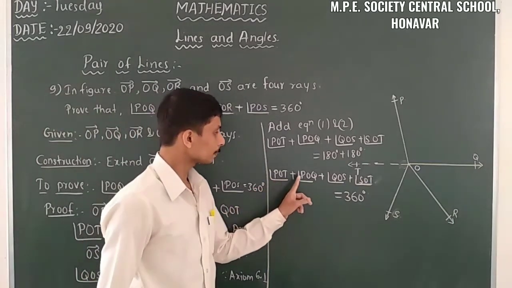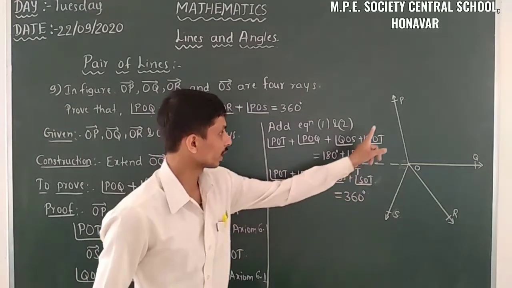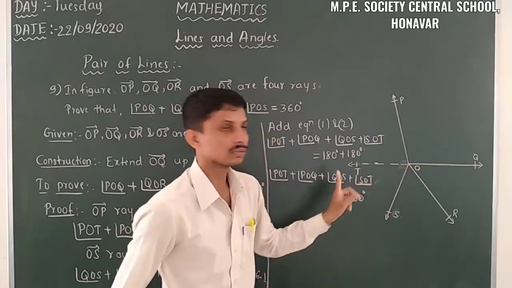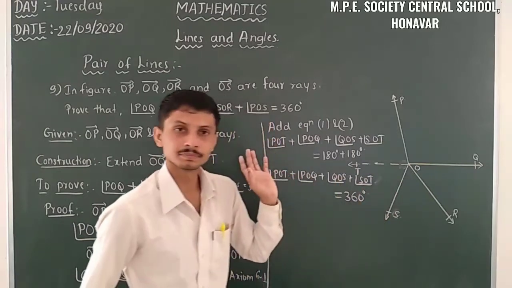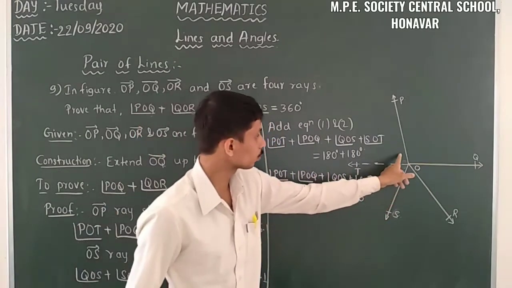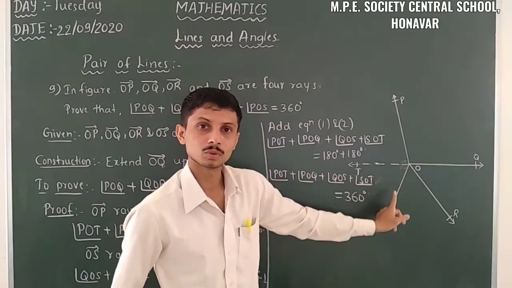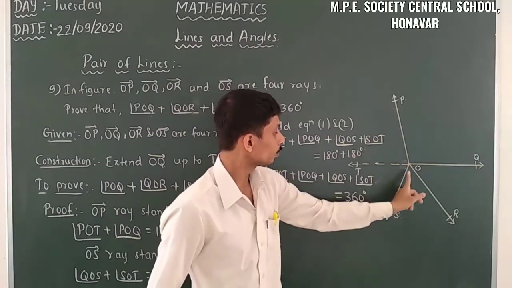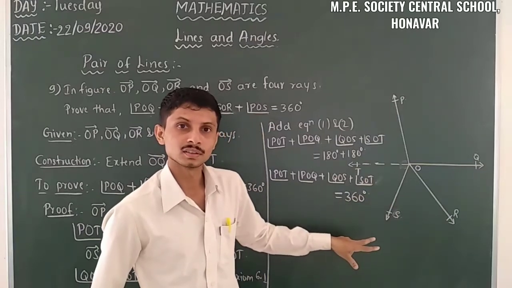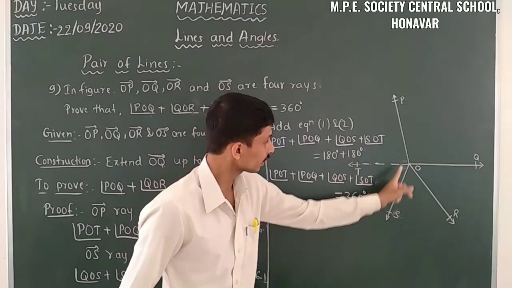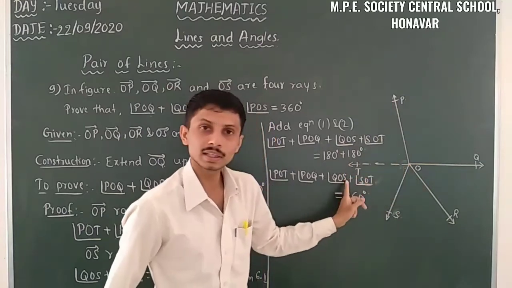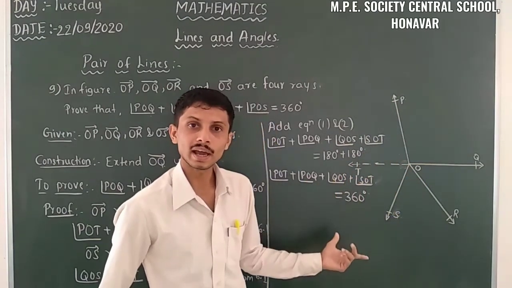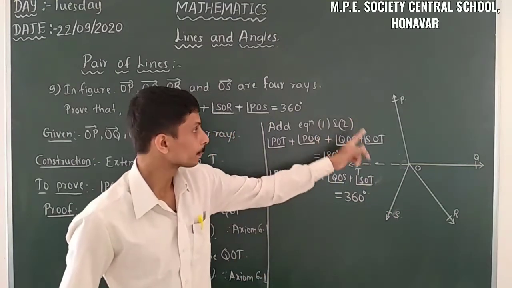Yes, just observe this equation. Angle POT plus angle SOT, we can take as angle POS. Both are adjacent angles, so OT splits angle POS into two parts. That means when we take the sum of angle POT plus angle SOT, we have angle POS.